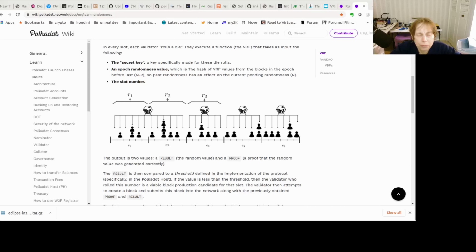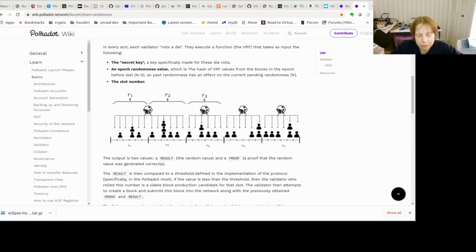Okay, so last night we talked a little bit about the VRF algorithm in Polkadot. That stands for Verifiable Random Function. In the case of Polkadot, it takes three values: a secret key, some random value that's based, as they say, on the hash of the blocks of the previous epoch, and a slot number.